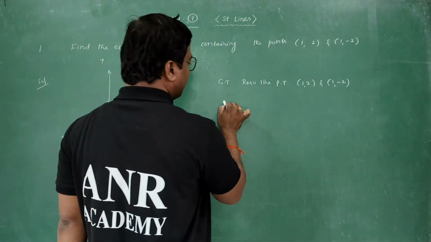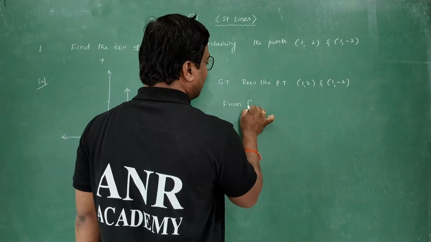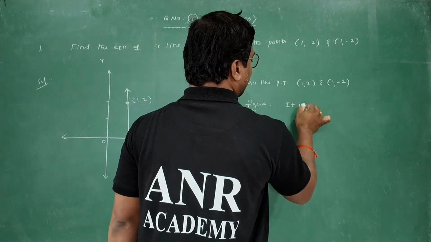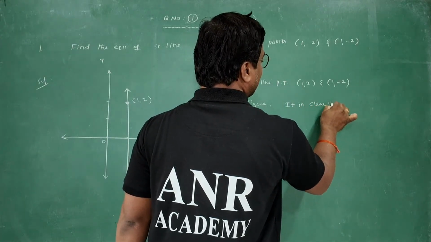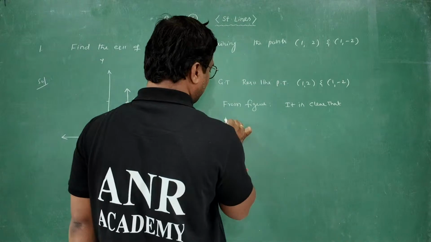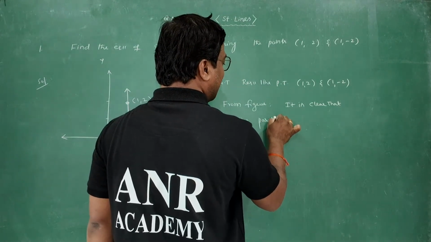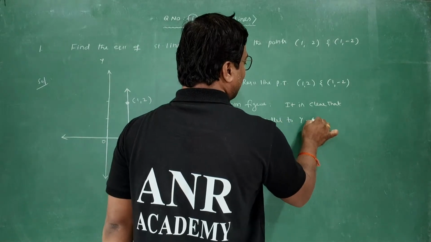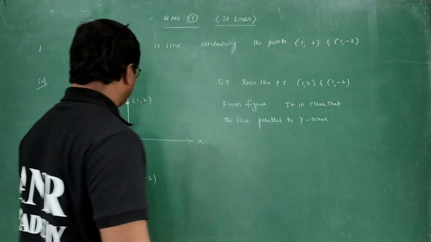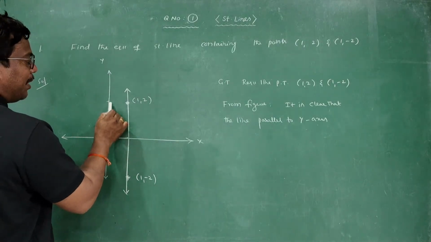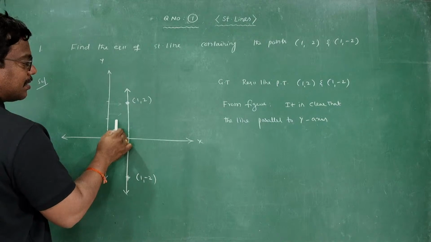So from the figure it is clear that the line is parallel to the y-axis, and observe that it is 1 unit away from the y-axis.